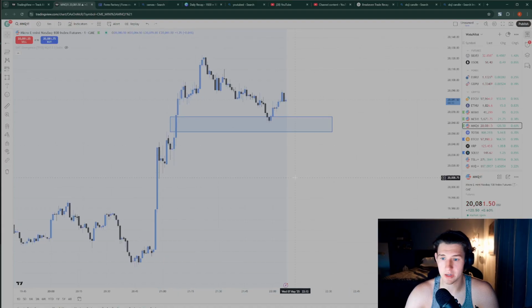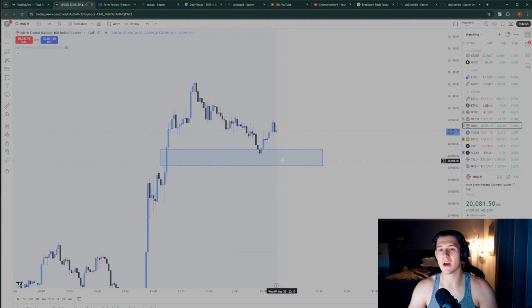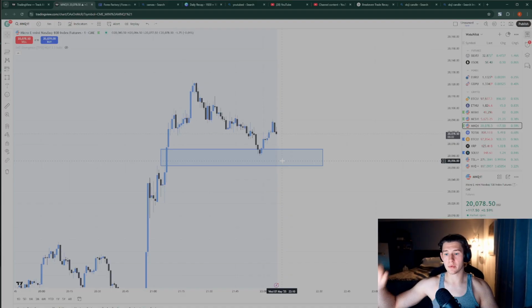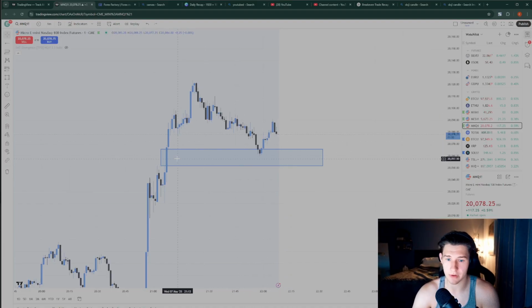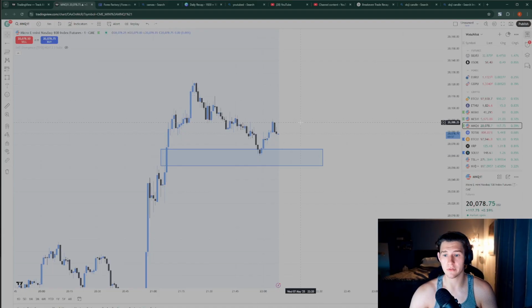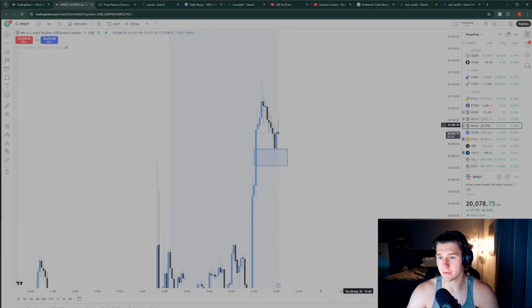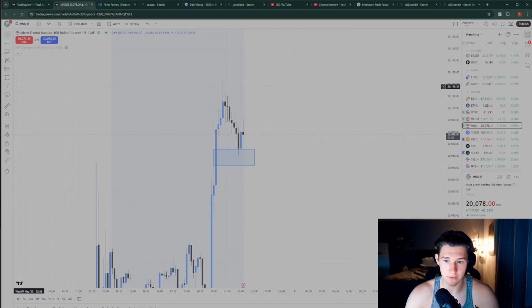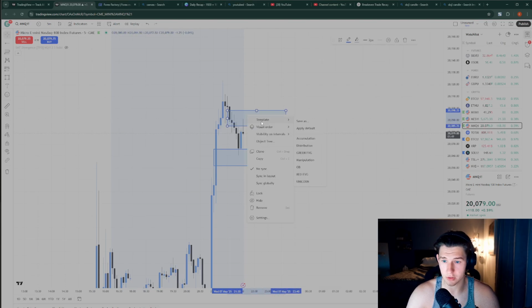For our instance here, we'll say fair value gap. We'll touch on that later. Like we have here, the 1 minute fair value gap that we're respecting, the market reacts off of it and goes up. But on the 5 minute, let's say there's another fair value gap right there.